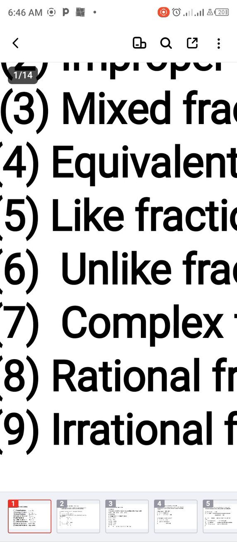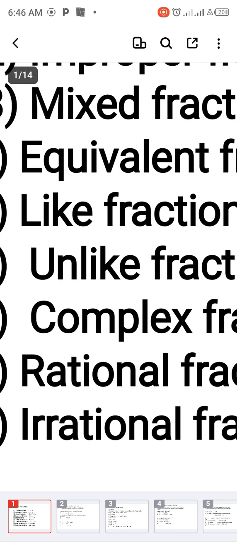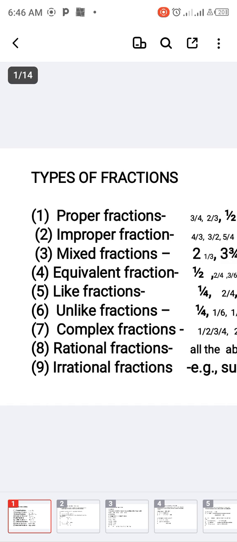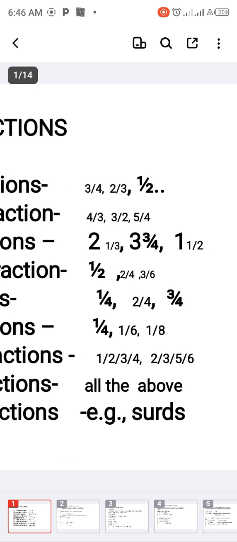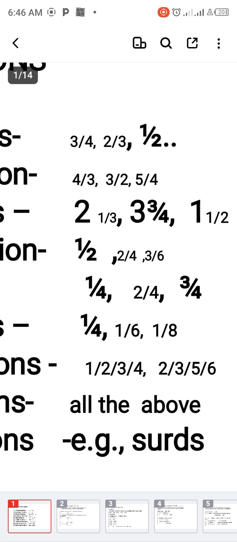And the next one is number 7, which is what? Complex fraction. Complex fractions are fractions in a fraction. Let me put it like that. That is a fraction that contains another fraction, or simply put, a fraction upon a fraction. For example, 1 over 2 is a fraction, and there is another fraction underneath, 3 over 4.